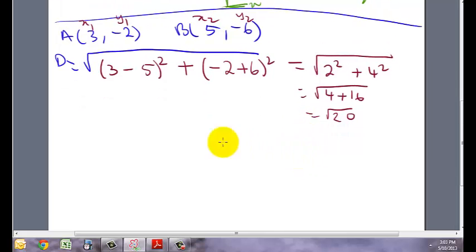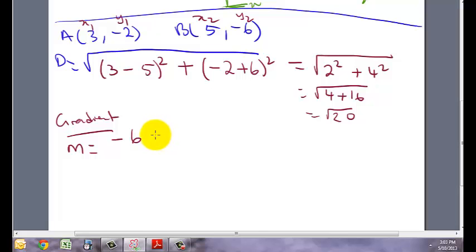All right, well, let's do gradient this time. Same question. So gradient is represented by what letter? M. That's the universal rule, M. And that's y2, so minus 6. It doesn't make a difference, right? Hope that's clear.